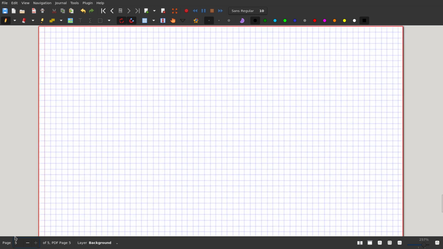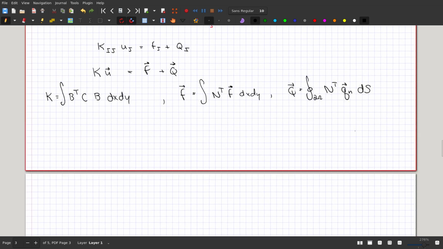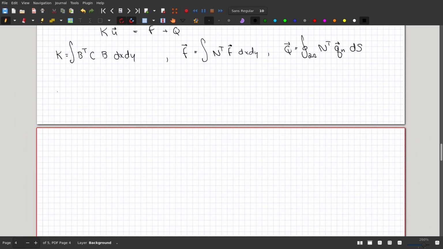Where B is equal to D N. So we're applying our D operator to the element shape function matrix.